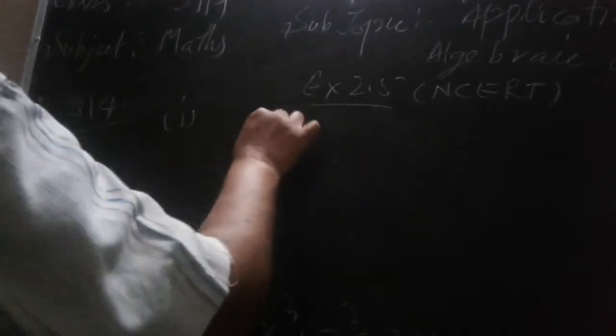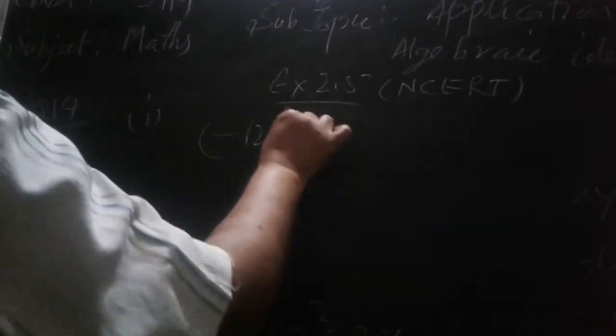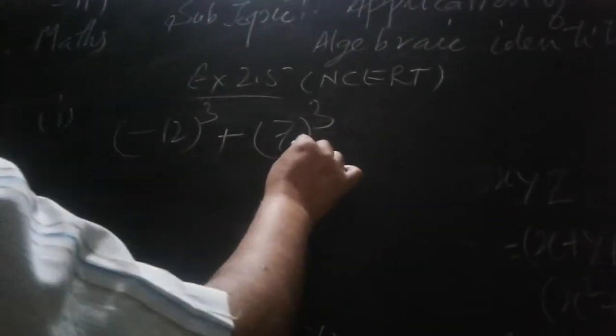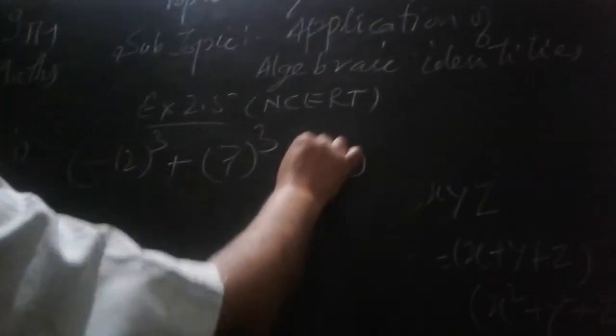First part of question number 14, a very important question: minus 12 cube plus 7 cube plus 5 cube.